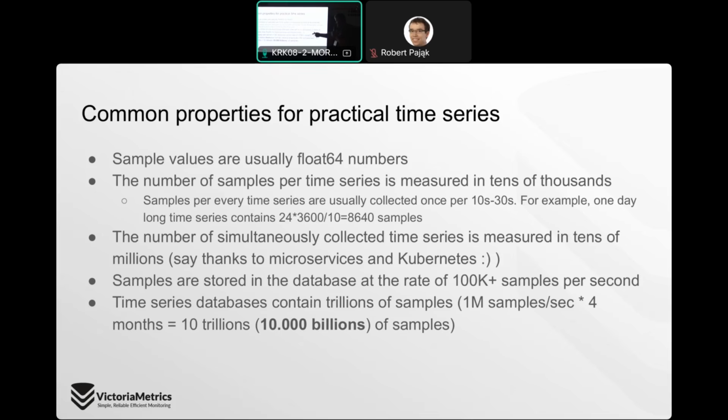Like in this case, if you have a time series database with an ingestion rate of 1 million samples per second and multiply by the number of seconds in 4 months, you will get 10,000 billions, or 10 trillions of samples. And please, that's very important: that's not billions, that's trillions. 10,000 billions.